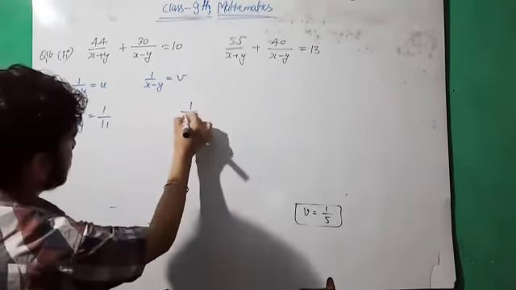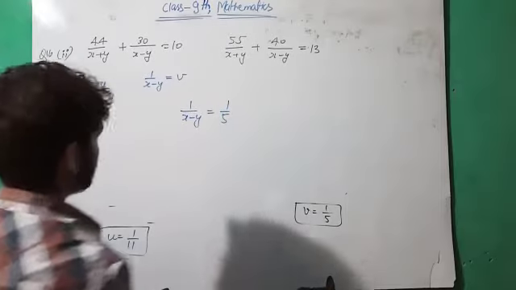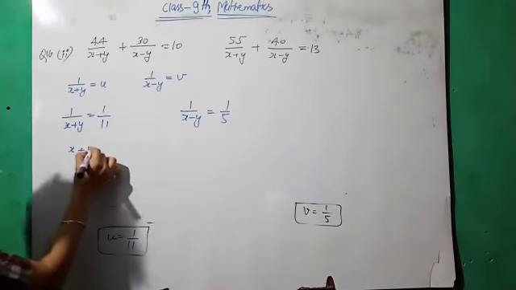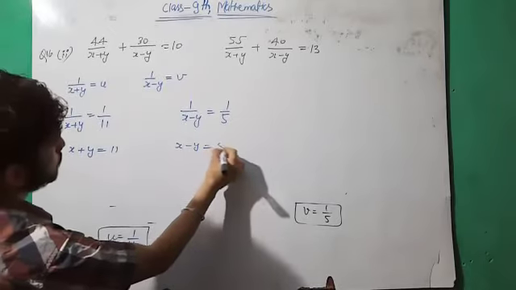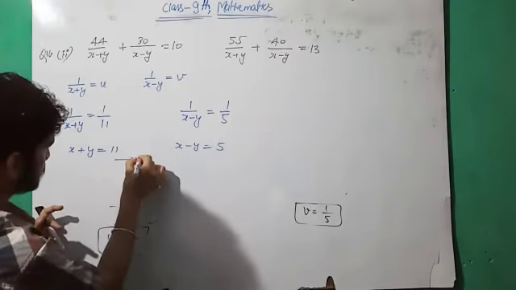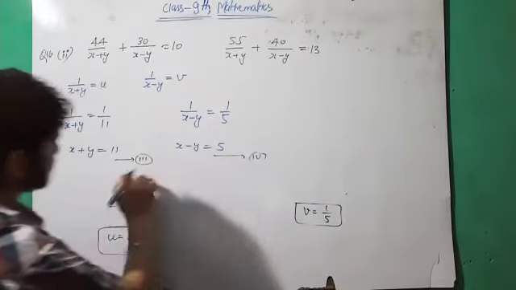Now 1 upon x minus y equal to v, so this is 1 by 5. Now it becomes another simultaneous equation in x and y. It becomes very simple: x plus y equal to 11 and x minus y equal to 5. This is equation 3 and this is equation 4.